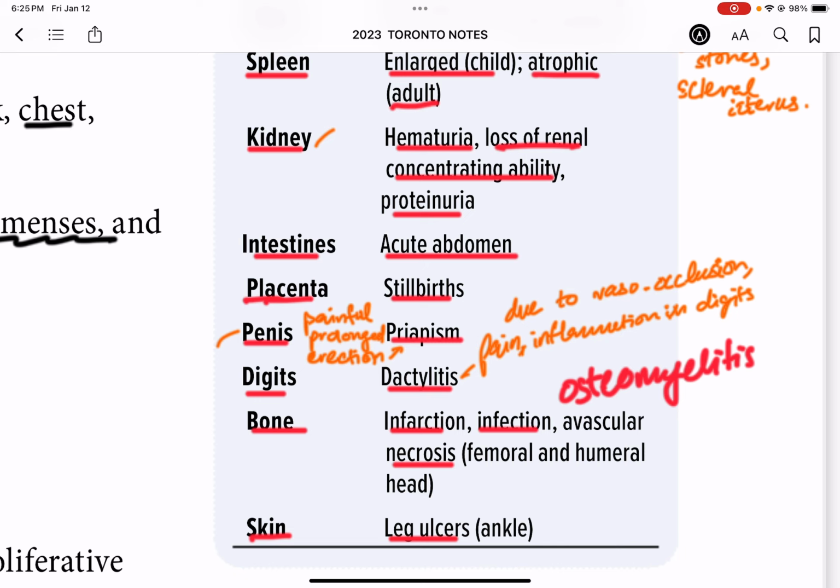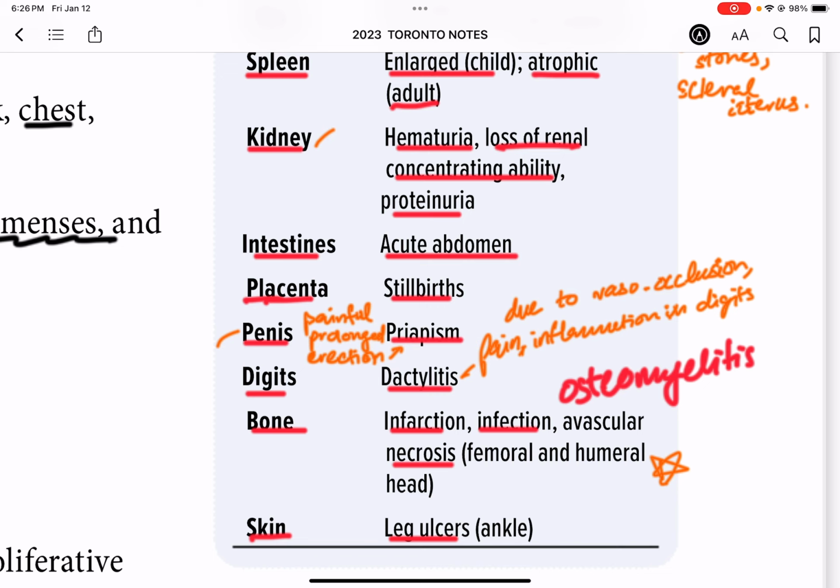In digits, as we read already, that leads to dactylitis. There's pain and inflammation in the digits because the bones are not being supplied, not being perfused. In bones, there is infarction, infection, which we can also say is osteomyelitis, and avascular necrosis like femoral and humeral head. So we can have MCQs like this too, that there is pain in the femoral head or humeral head.